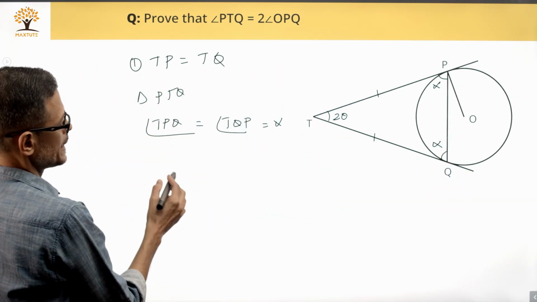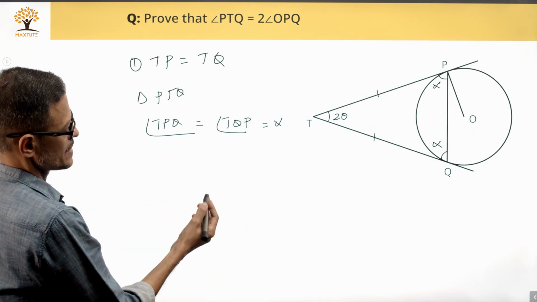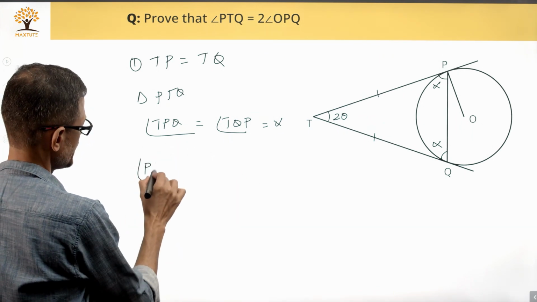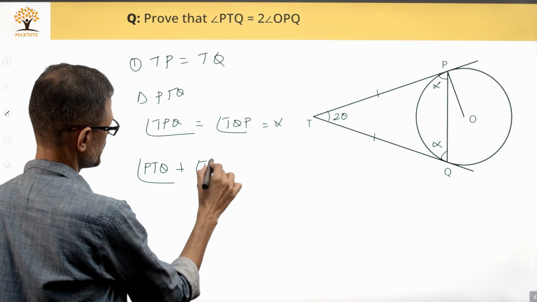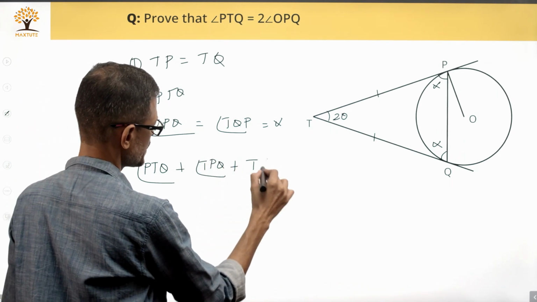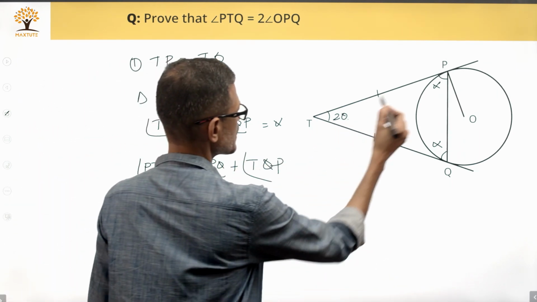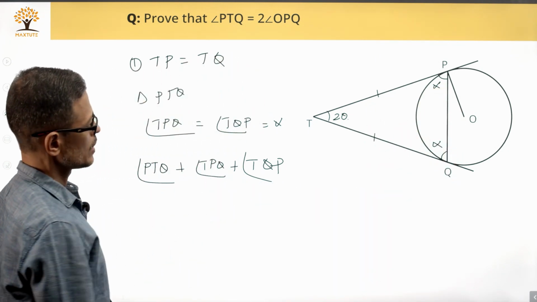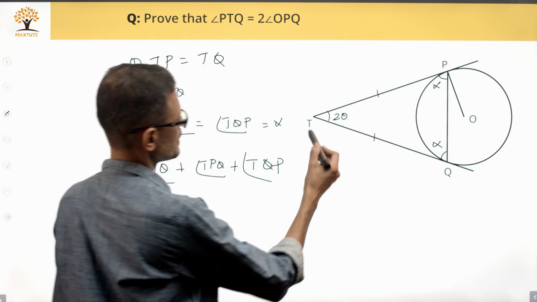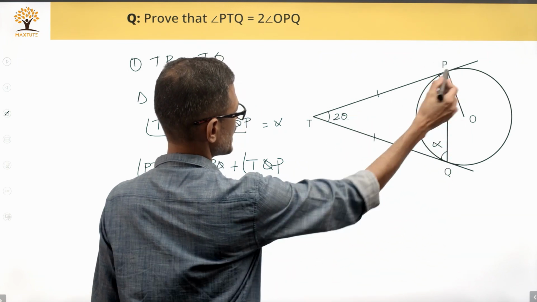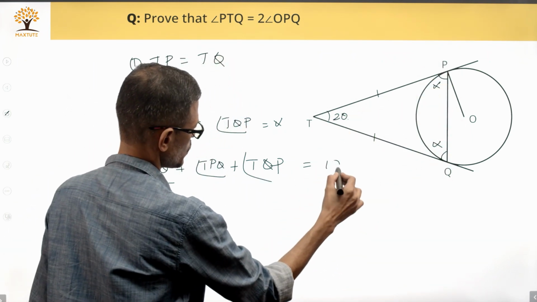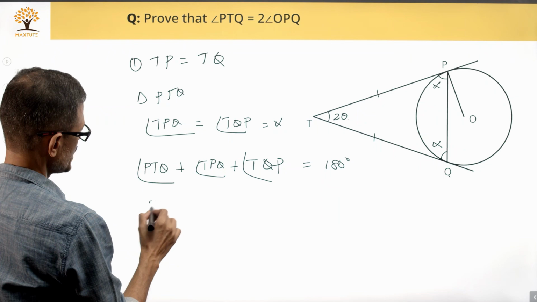So in triangle PTQ, the sum of the three interior angles is equal to 180 degrees, which is angle PTQ plus angle TPQ plus angle TQP. PTQ is equal to 2 theta.